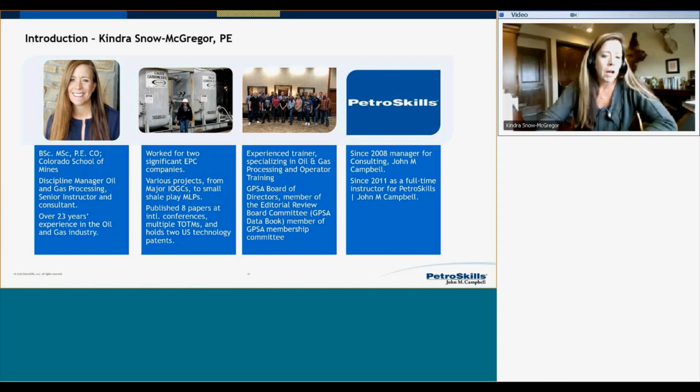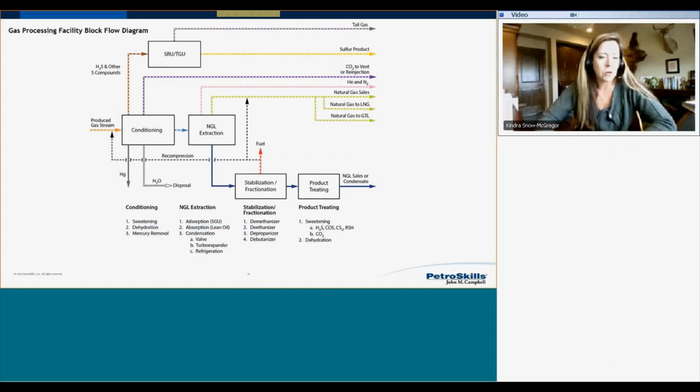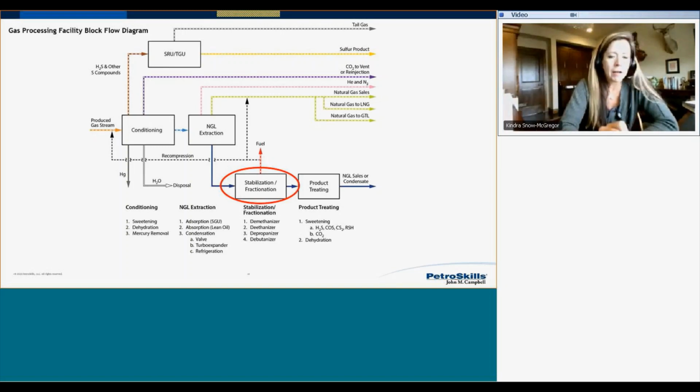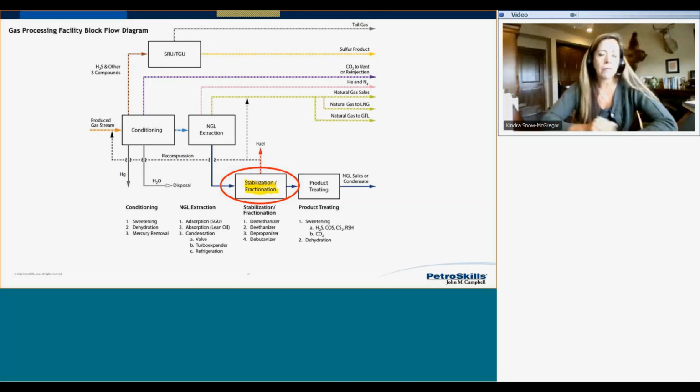And so with that said, let's get right into the presentation. Notice I'm showing a block flow diagram of our gas processing facility. And really what we're going to be focusing on is this block right here. So we're going to be talking about stabilization and fractionation.